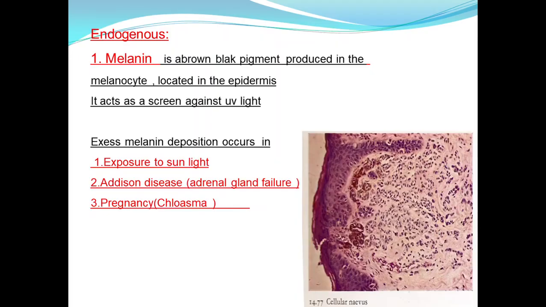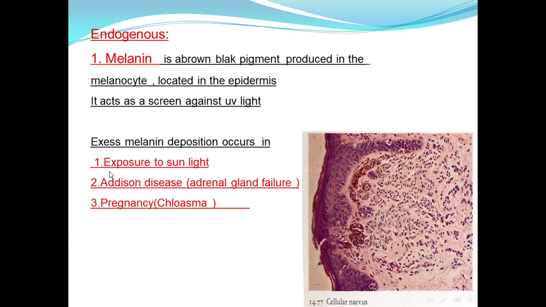Now we come to endogenous pigments. First, melanin is a brown-black pigment produced in the melanocytes located in the epidermis. It acts as a screen against ultraviolet light.